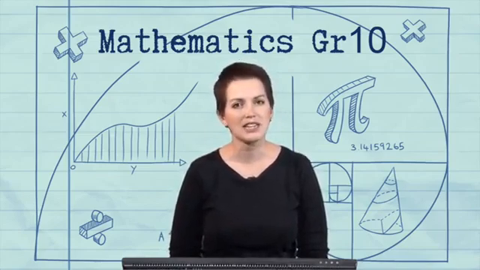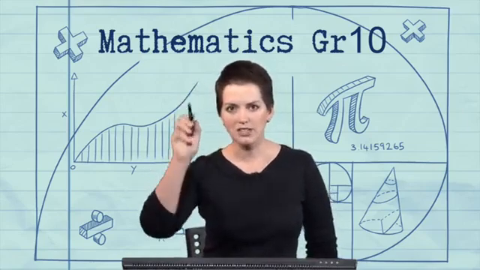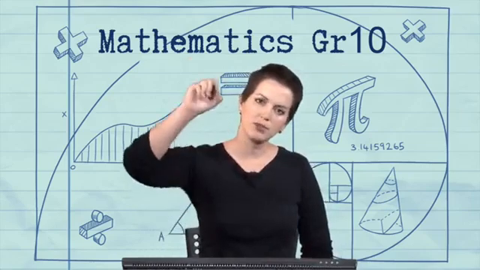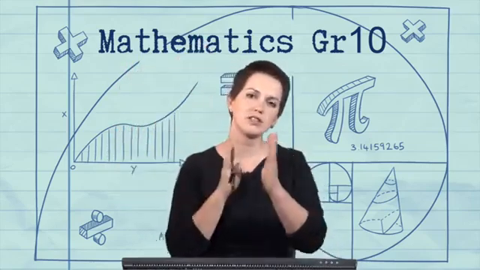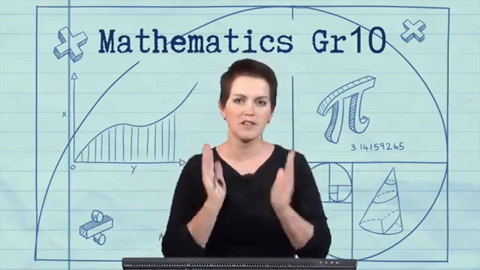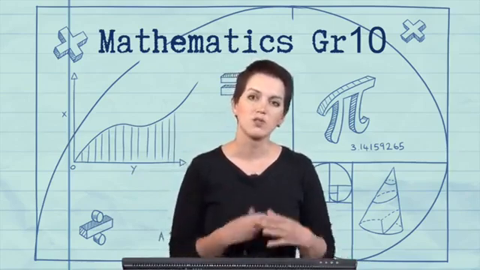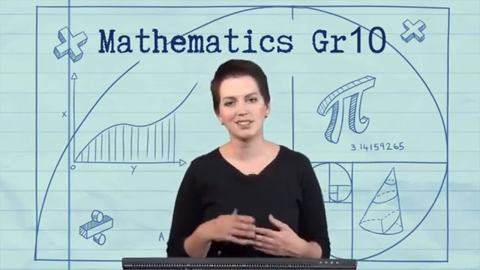Tan function was slightly different. Remember, it had asymptotes every 180 degrees, and that meant the tan function would go up and up, and it would come closer and closer to the asymptote, but never ever touch it. Of course, this meant that it had a period of 180 degrees. So tan is a little bit different.